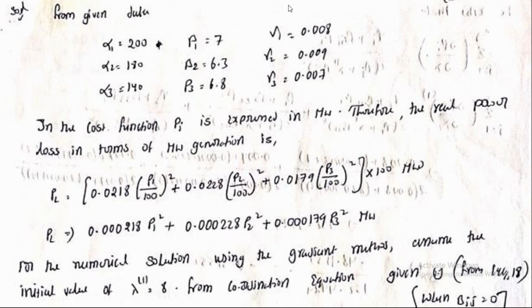Now in this power loss equation, the first term represents B11. The second one is B22. The third one is B33.